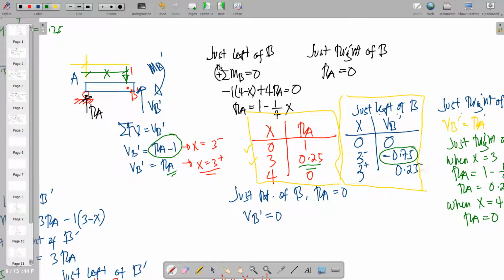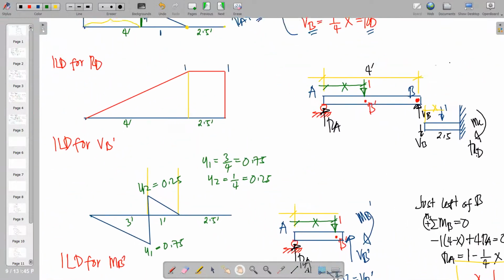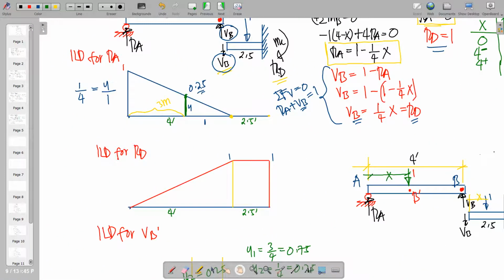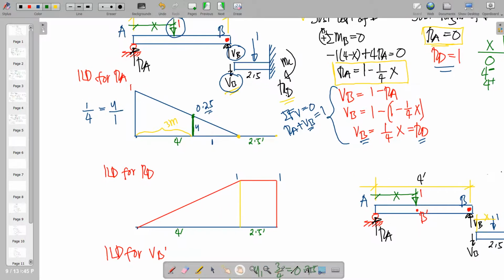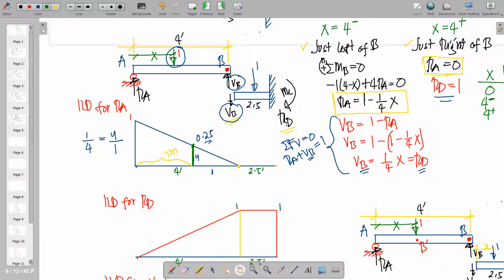So we have this value, 0.25. So just right of B, RA is 0. So as we can see in the ILD, from B it began to have a value equal to 0.